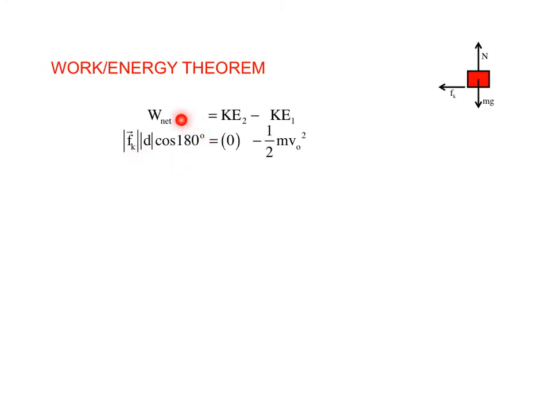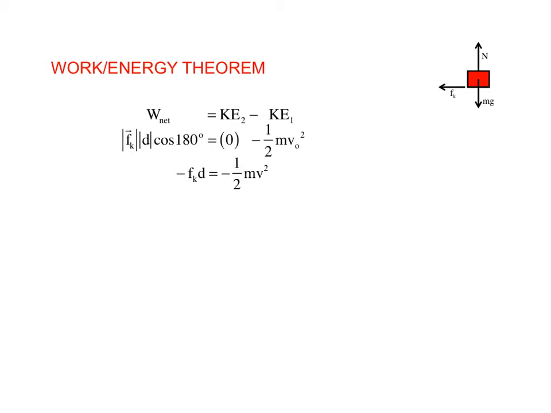So here is the dot product applied to friction. Here is the magnitude of the one vector, the force vector. Here is the magnitude of the second vector, which is the displacement vector. Here is the cosine of the angle between the two vectors. Remember, friction is in this direction, the displacement's in this direction, 180 degrees between the two. And cosine of 180 degrees is -1.